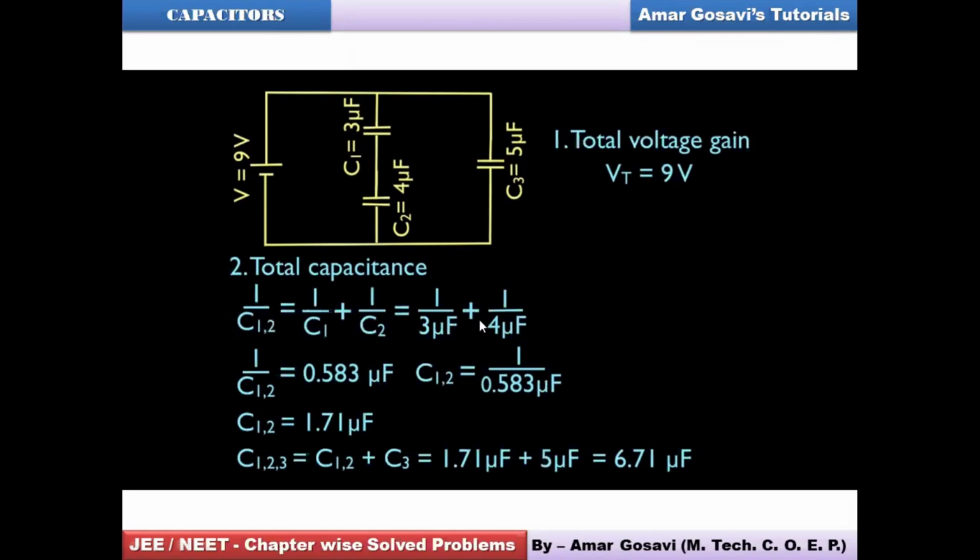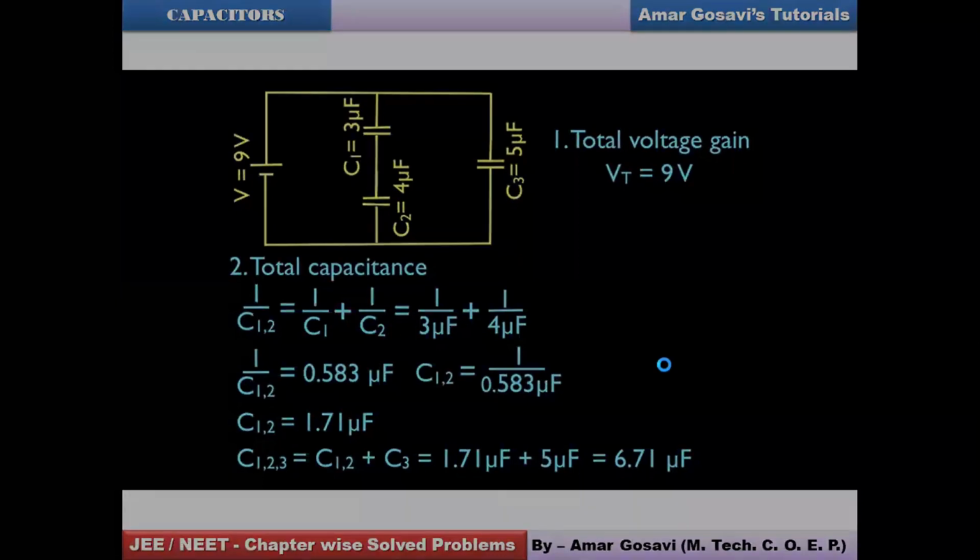So when you apply the series formula for 1 and 2, you get 1 upon 0.583 microfarad. When you simplify it, C for 1 and 2, the capacitors connected in series, will be 1.71 microfarad. Now this resultant would be in parallel with C3. So C123 is C12, which is 1.71, plus C3, that is 5. Together the total capacitance comes out to be 6.71 microfarad.